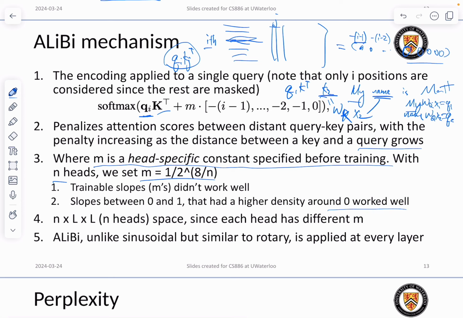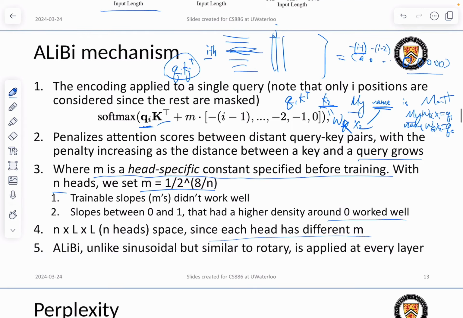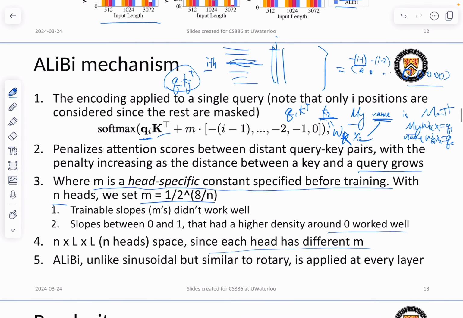So each head is going to have a different m, and therefore it's going to take L times L times n space, where L is the length of the context.